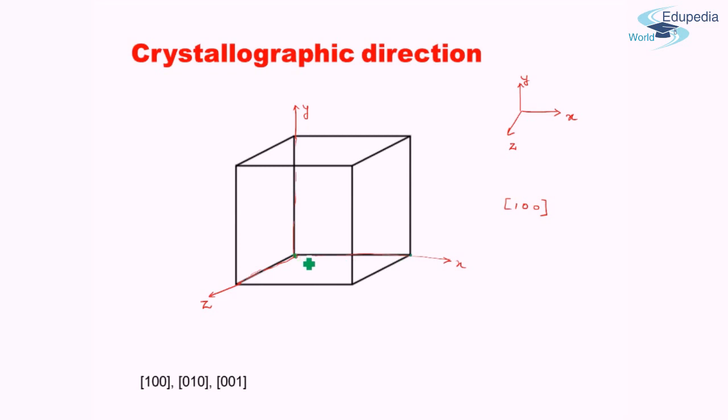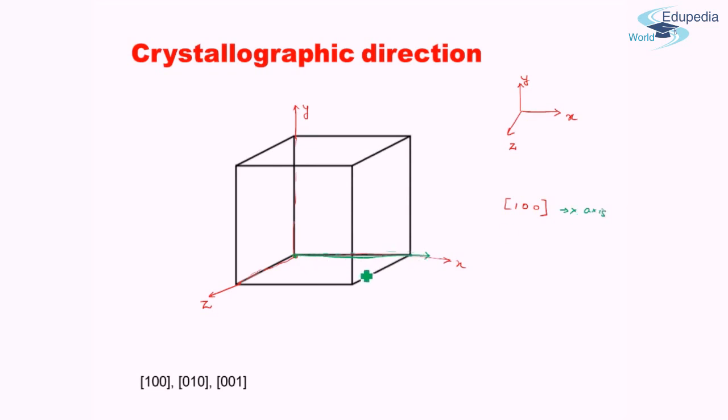So we start from here and we are at present over here. Then in the y-axis we take 0 steps, so the arrow remains here. In the z-axis we take 0 steps, so the arrow stays over here. Therefore the 1, 0, 0 direction is given by this axis. So this in fact is the x-axis itself.